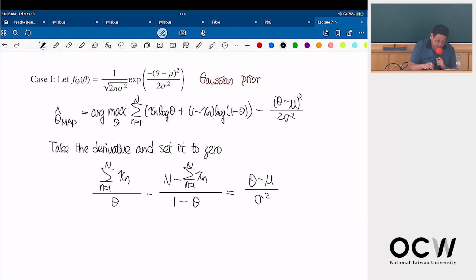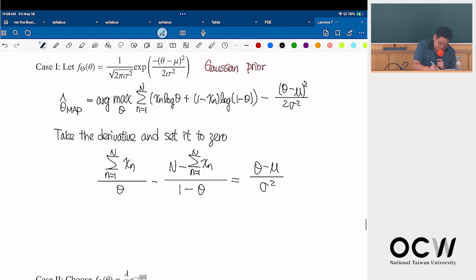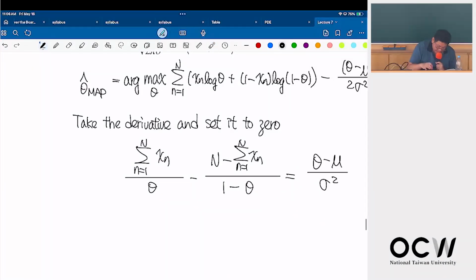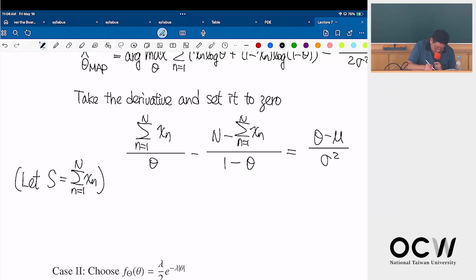Now this summation is just S. Then we have (1 minus theta) sigma square S minus theta sigma square (n minus S) equals theta (1 minus theta) times (theta minus mu).